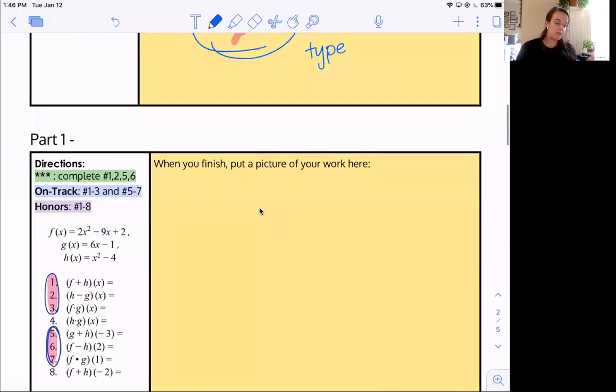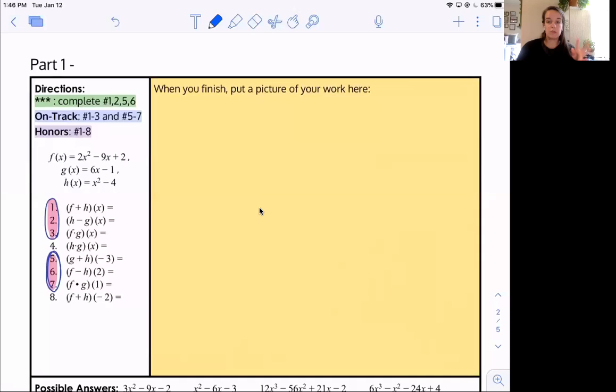Cool. So for this next part, we're going to do some of these problems. If you would like to work in a small group of people, I am happy to let you work in a small group for the next 15-ish minutes. If you want to work with me, I'm going to go ahead and do numbers 1, 2, 3, and then 5, 6, and 7.